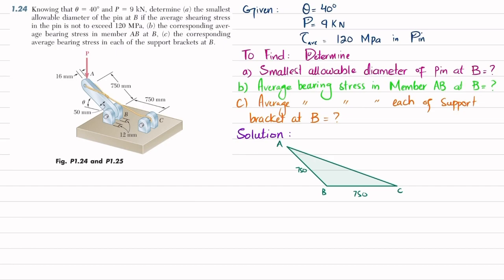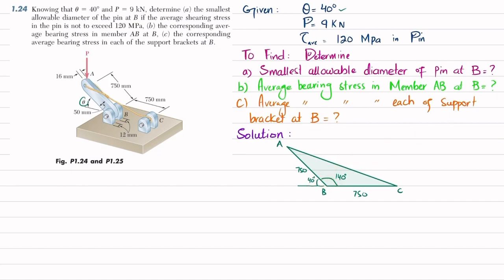This angle is theta, which is given as 40 degrees, and this will be 140 degrees, because the sum of these two angles gives 180 degrees. So 180 minus 40 is equal to 140 degrees.